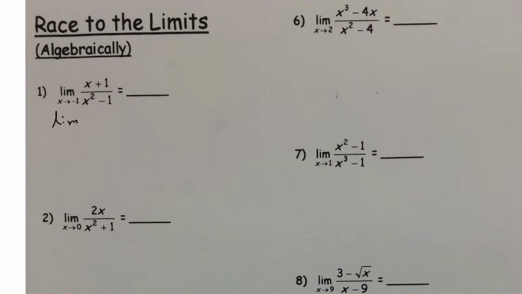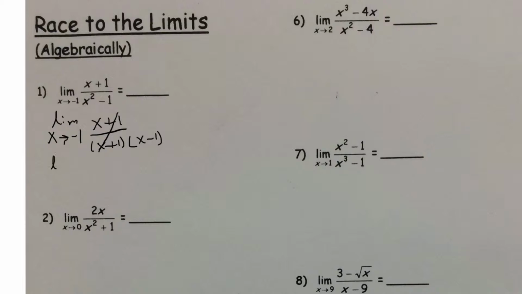So I'll rewrite the limit as x approaches -1 of x plus 1. And I'll factor out the difference of squares in the denominator. X plus 1, x minus 1. And then I can see that the x plus 1 terms will cancel out. That's how you remove the discontinuity.